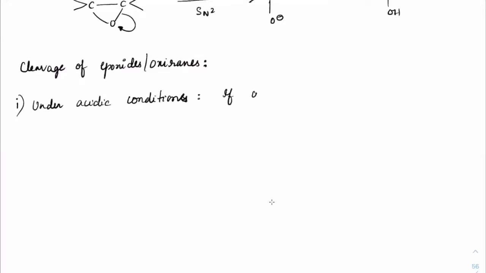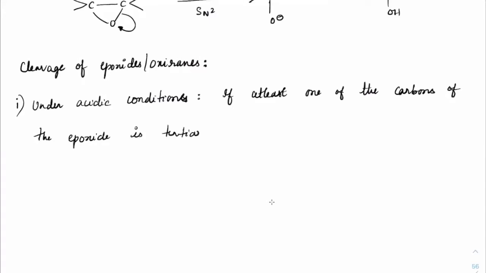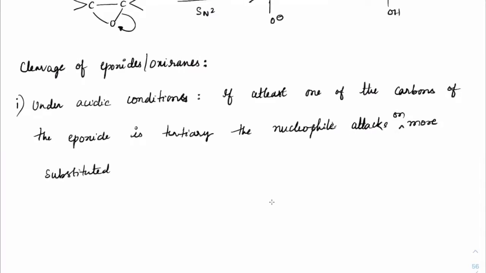If at least one of the carbons of the epoxide is tertiary, the nucleophile attacks on the more substituted carbon.